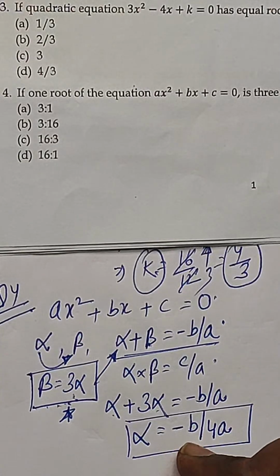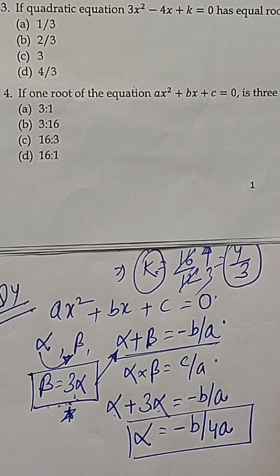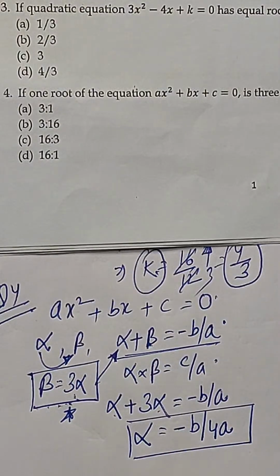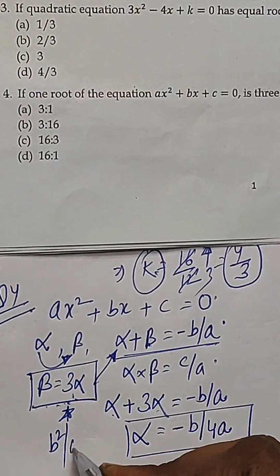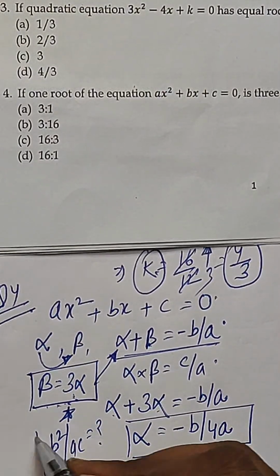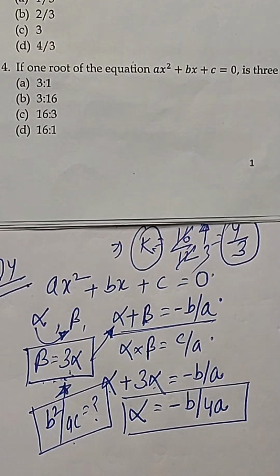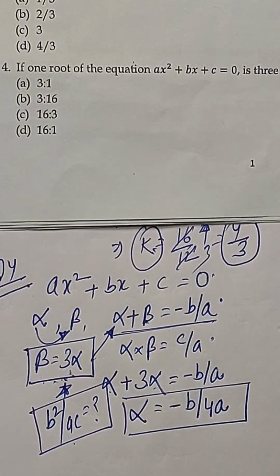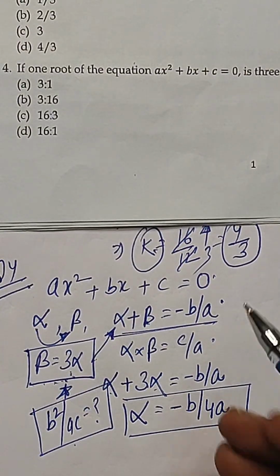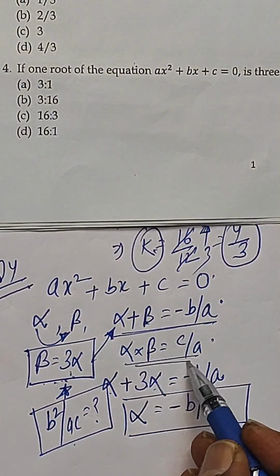Now going to the second part, what is the value of b square is to ac? We need to find b square by ac equal to what? This is the question to us. So my dear friend, we can see the product of the roots is c by a.